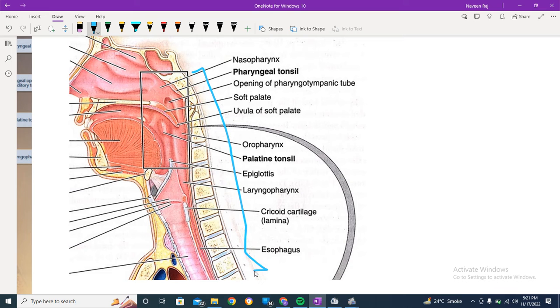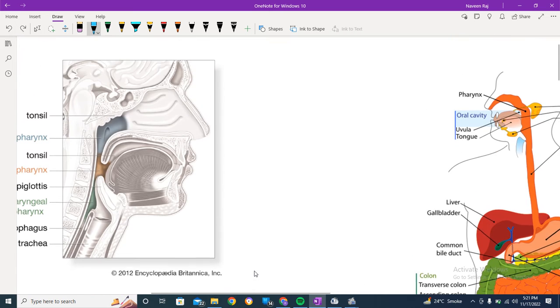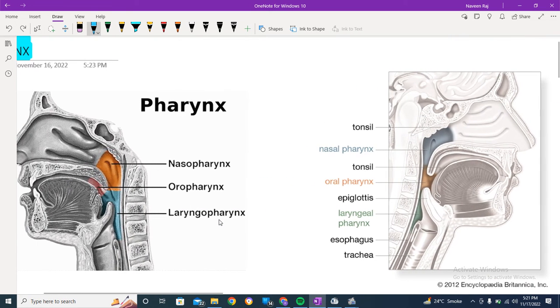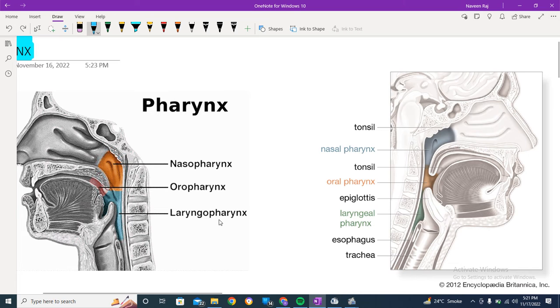The pharynx is the second name for the throat. We call the pharynx the throat as well. This was an important point to be noted. I'm not telling you written points, I'm just describing the pictures. You need to take up notes and make notes on your own.